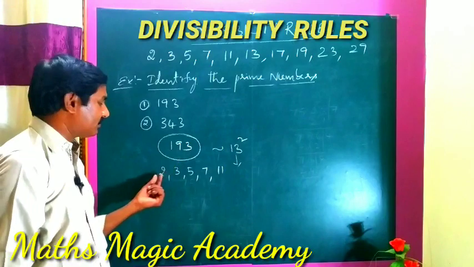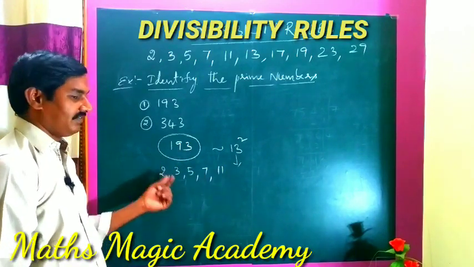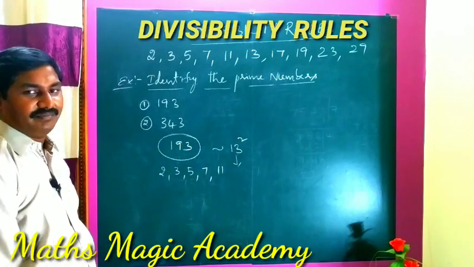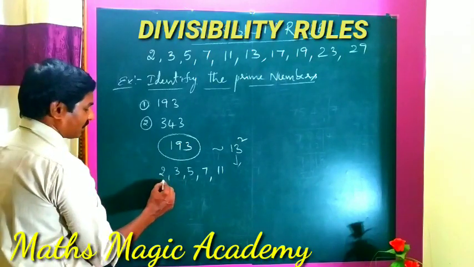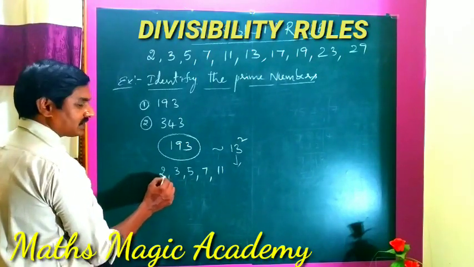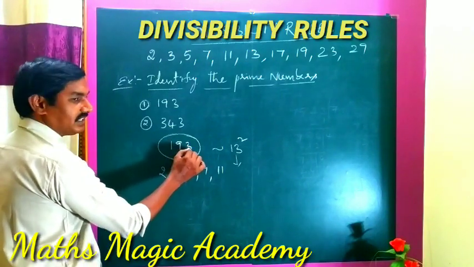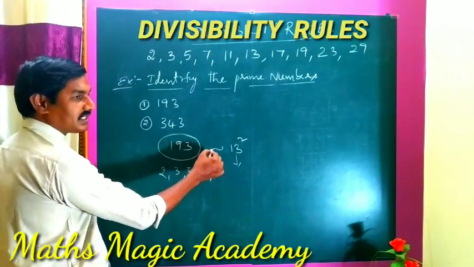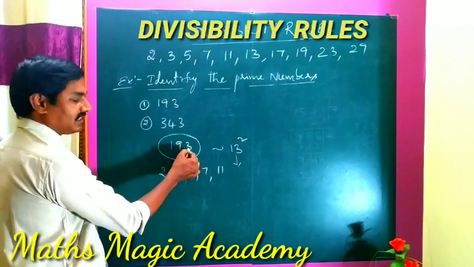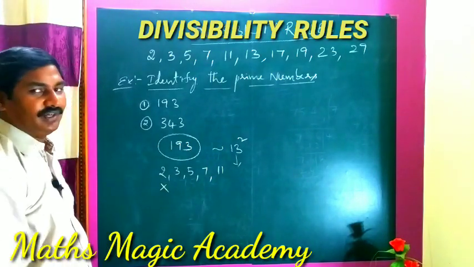If it is not divisible by any of these primes, then definitely it is a prime. First, we will check whether it is divisible by 2 or not. How can we check? If the number ends with the digit 0, 2, 4, 6, 8. But it ends with the digit 3, so it is not divisible by 2.